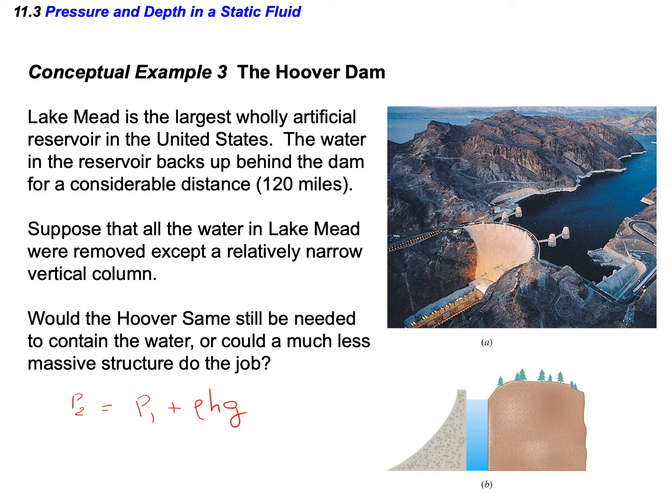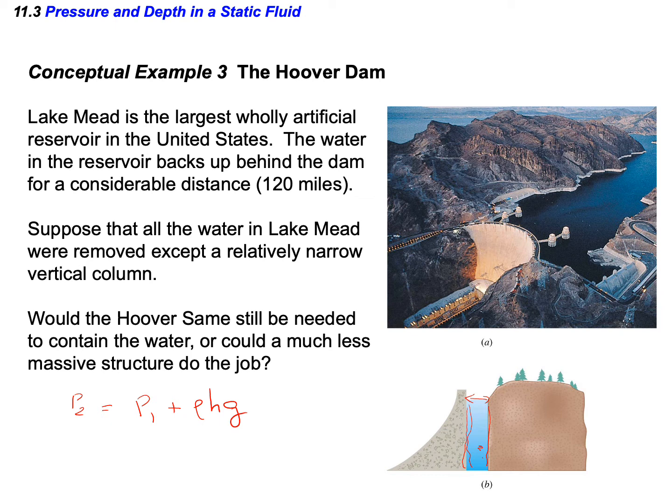So in this conceptual example, we are going to compare a large water reservoir, and we remove the water from that reservoir and just keep the same depth, but a small amount of water, or a very narrow section of water, with the same depth. And the question is, now we have a very small amount of water compared to a large amount of water in this reservoir, do we still need a large wall to hold this small amount of water?